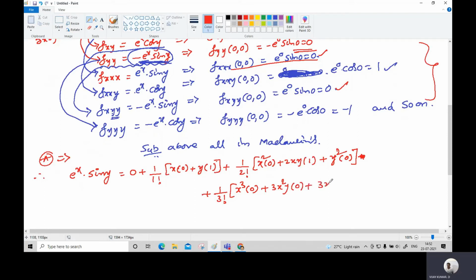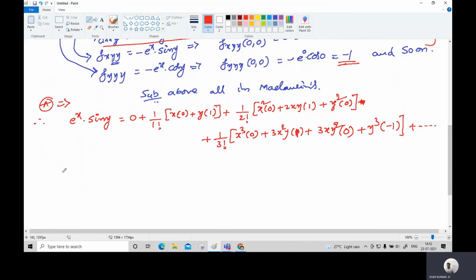Plus 3xy square into fx double y. Sorry, 1 second please. F triple x is 0, f double xy is 1. This is 1. This is 0. And last one is y cube into this one, which is minus 1, plus 1.